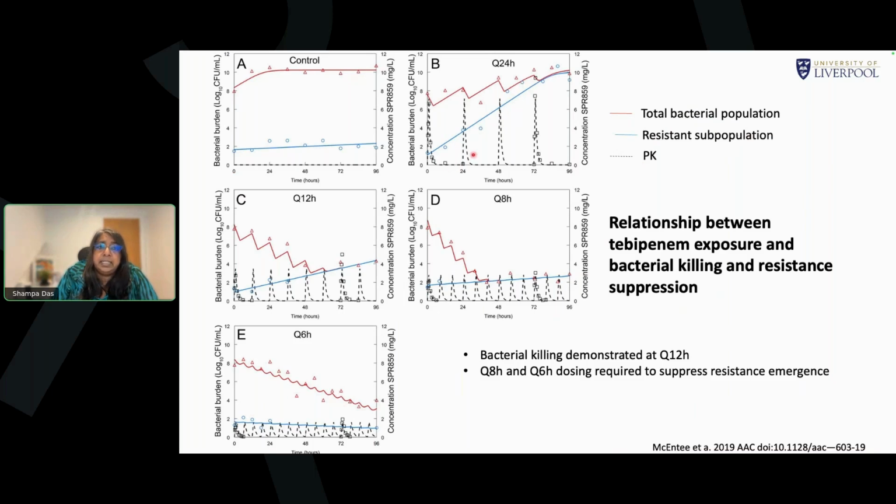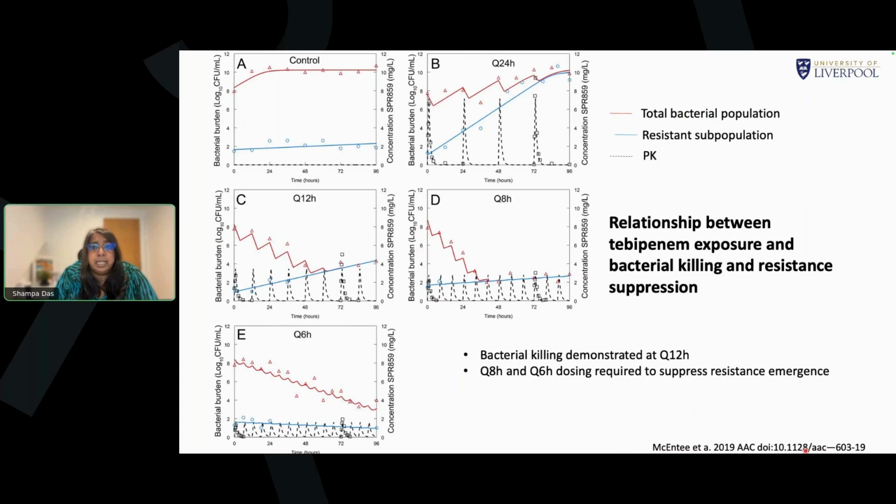So really the take-home message here is you might have drawn one conclusion by just looking at total bacterial population. So you can see Q12 dosing and Q8 dosing is quite good at killing bacteria, but actually you're wanting to go to the much more frequent dosing to really suppress that growth of that emergent resistant population.